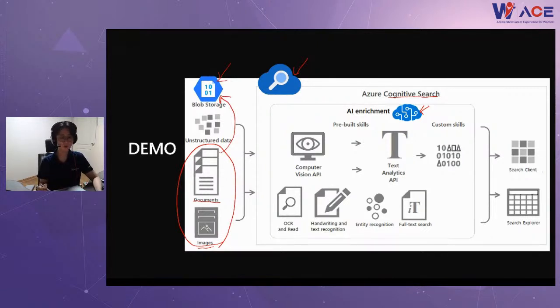Now I'm going to show you how Azure Cognitive Search connects to this data source, tries document cracking, extracts some basic information out of it, and does more AI enrichment with built-in skills. Once the information is extracted, I'm going to store it as an index, and I will create a search client.